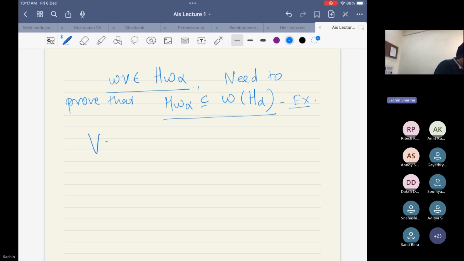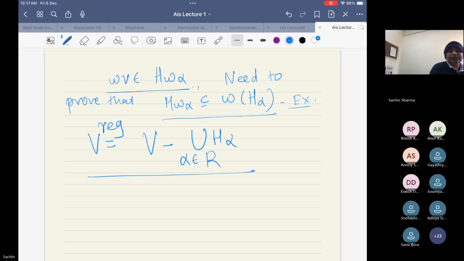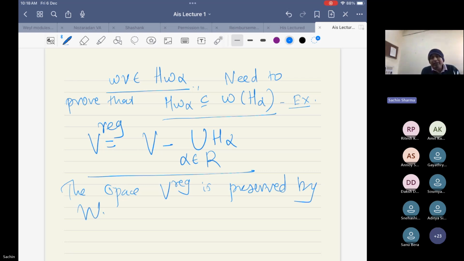And consider the space V regular, defined as V minus the union of all H alpha, alpha belongs to R. As this union of H alpha is preserved by W, the complement of the union of H alpha, V regular, is also preserved by W. And remember that W is a linear isomorphism. Never forget that it is a one-one onto, very nice map.